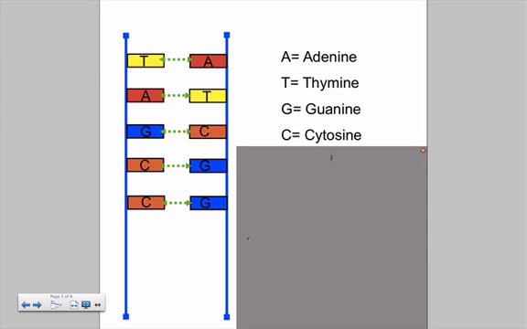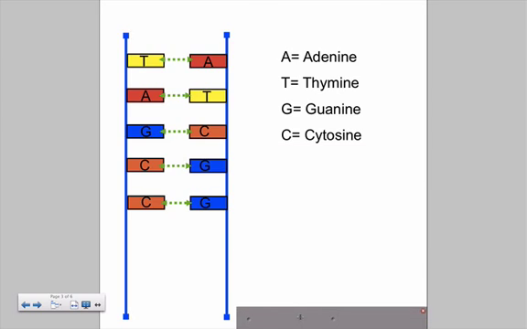Okay, these all have a relationship with each other, and when we talk about DNA, it's really important that you remember the sequence that I'm about to tell you. The next thing I want you to do is write this down in the notes that you've downloaded for this week. So when we look at this DNA, we see that in this strand of DNA we have an A that is connected to a T, a G that is connected to a C, and vice versa.